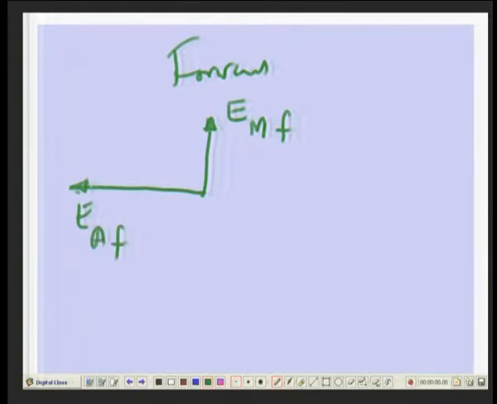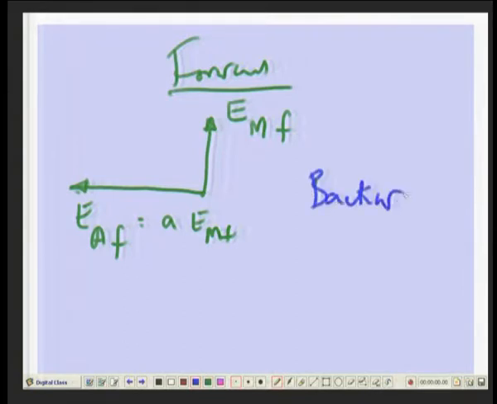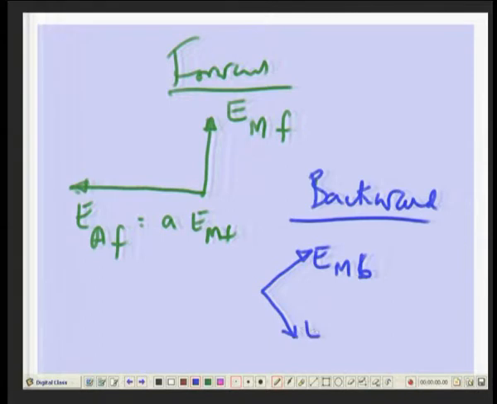This is not the same because of the factor a. This is due to the forward field. And supposing there is an EM backward, where will it induce EA backward? Is it okay? This is due to the backward field.